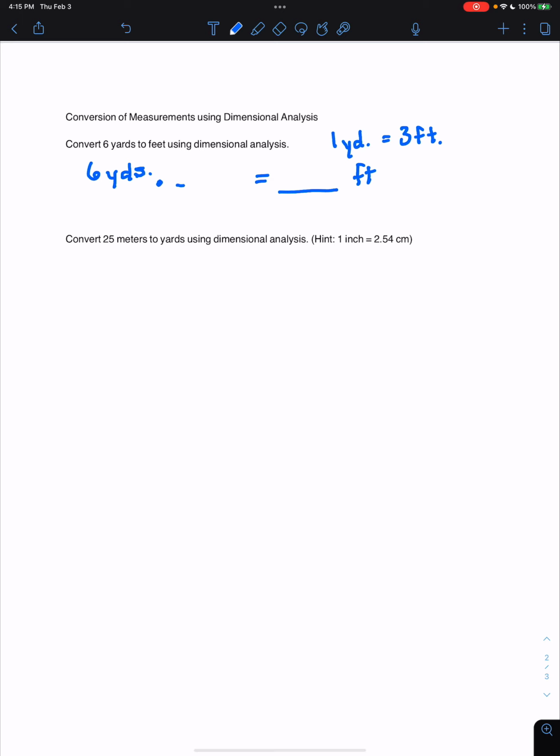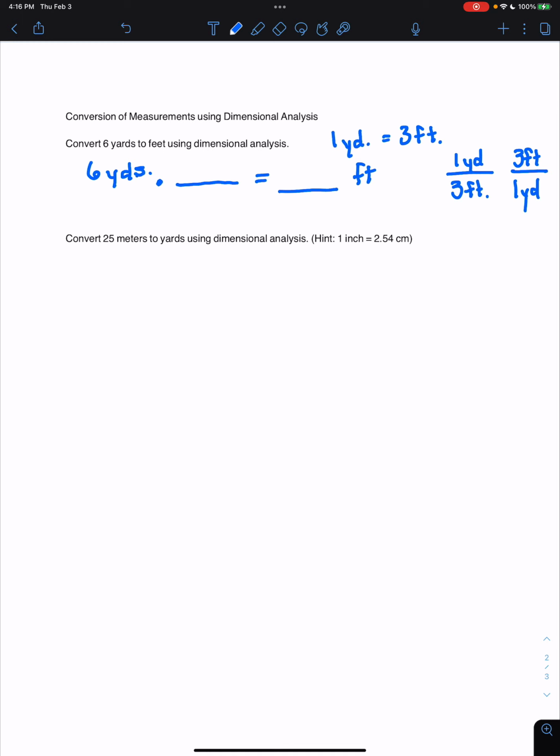So I'm going to set up my conversion fraction, and I can set it up in one of two ways. I can say 1 yard is the same as 3 feet, or I can say 3 feet is the same as 1 yard.